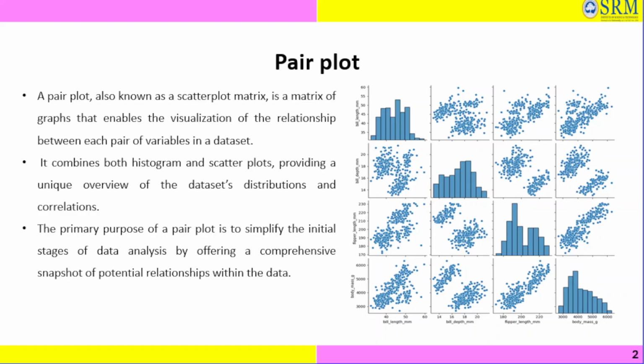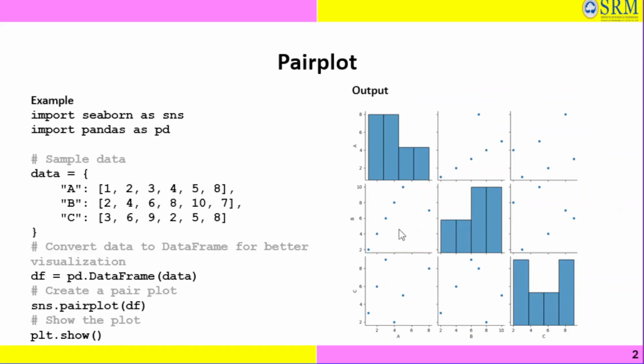We'll see an example of how this works. So this is a pair plot. You can see the histograms on the diagonals, and for the rest we have scatter plots. This is our data set, whatever we have taken already. In order to get this pair plot, we implement the Seaborn library, feed in the data, and create a pair plot for this particular data set.